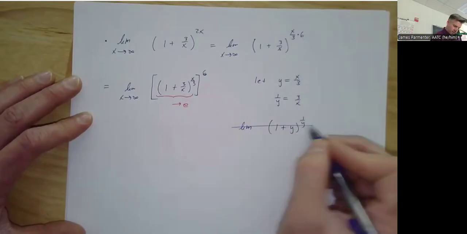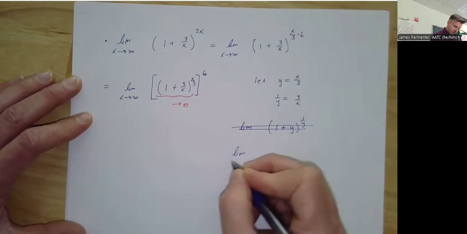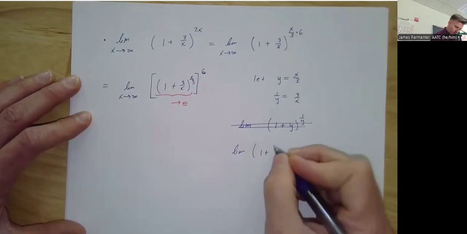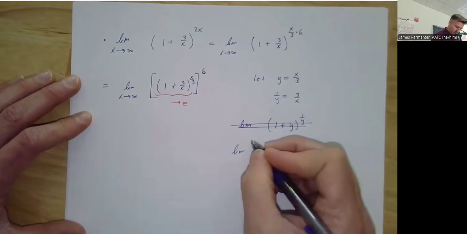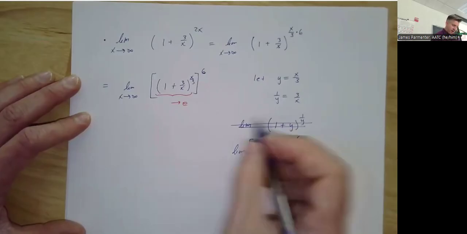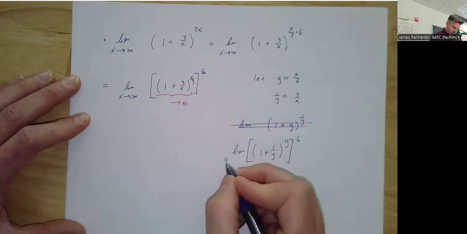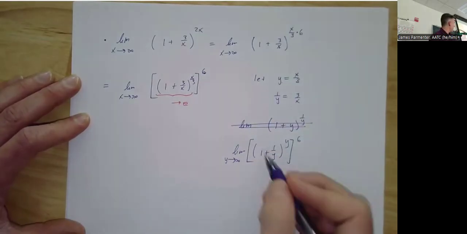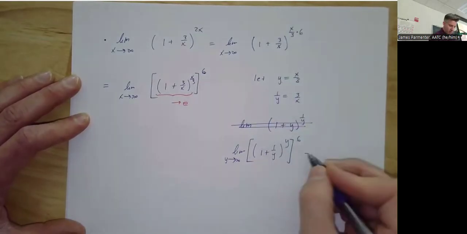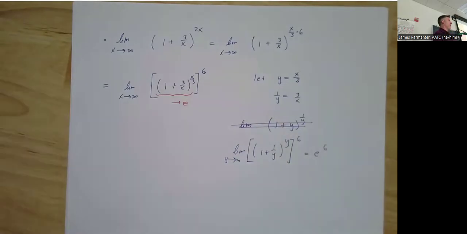Nope, sorry, I got that backwards. Apologies. I have the limit of (1 plus 1 over y) to the yth power, all to the sixth. And if x is going to infinity, x over 3, which is y, is also going to infinity. So look, I have exactly the same thing I had before, except now it's raised to the sixth power. So it's e to the sixth. People do that; it's a little hand wavy, but not really.